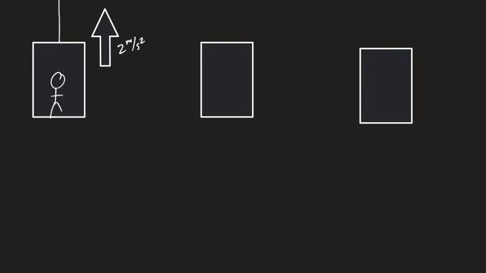The acceleration doesn't last long because elevators get up to speed pretty quick. So after a moment, the elevator is traveling at constant velocity of 1 meter per second. So here they are in the elevator, trying not to fart, make sure the other people aren't uncomfortable.